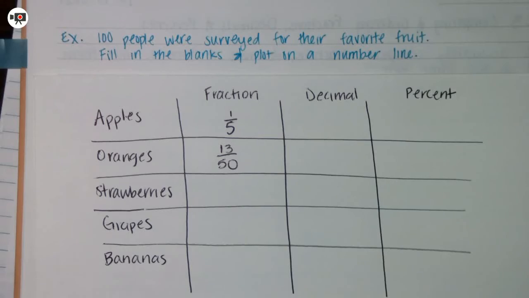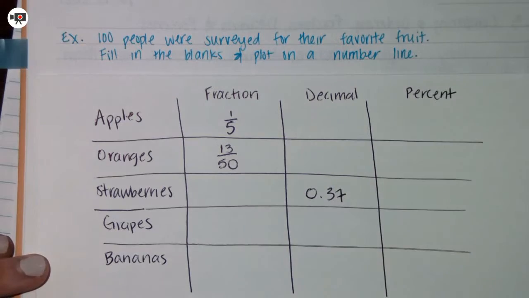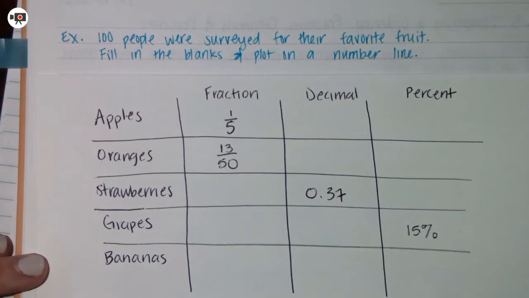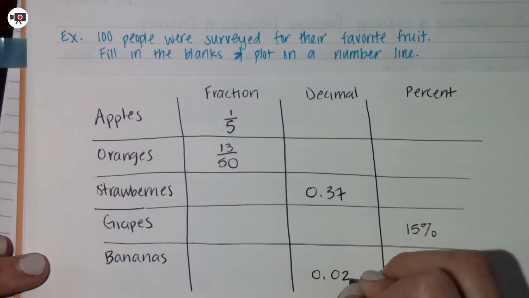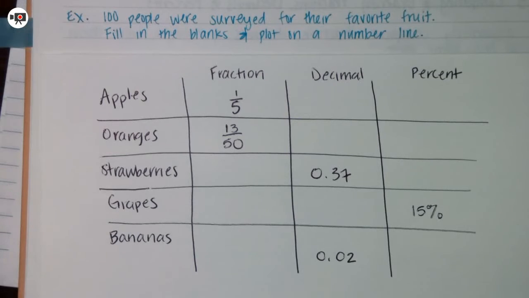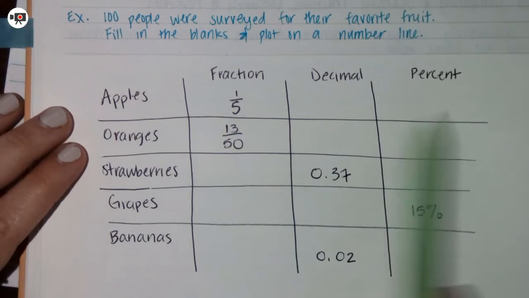Strawberry's favorite fruit was 0.37. We have 15% for grapes and 0.02 for bananas. So now I have to fill in the blanks. To do that, I need to have all of these filled in.